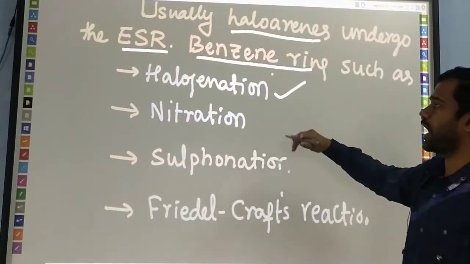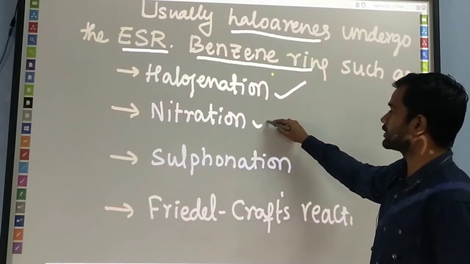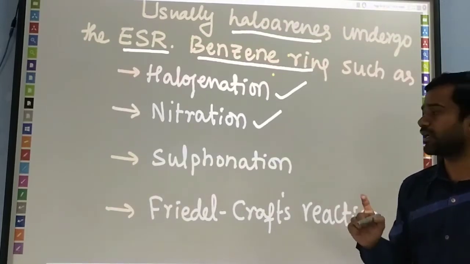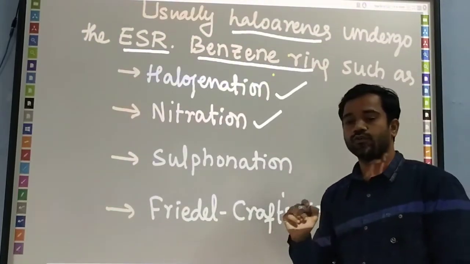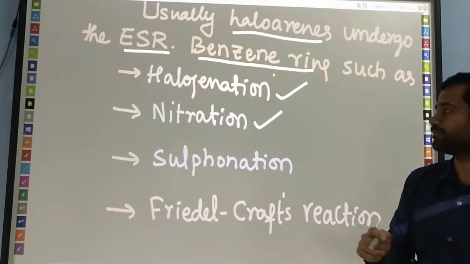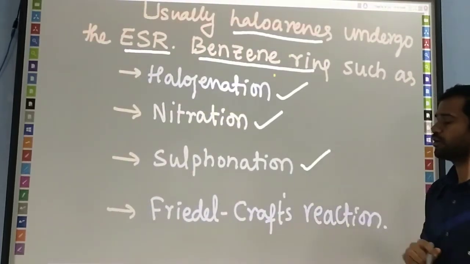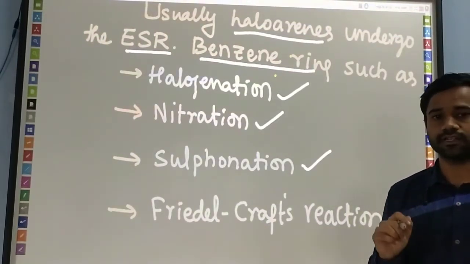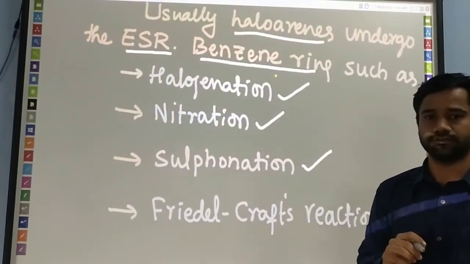Next, the second reaction is nitration, where the nitrating mixture is used to substitute at the ortho or para position. The next one is sulfonation, where the reactant is concentrated sulfuric acid on heating.